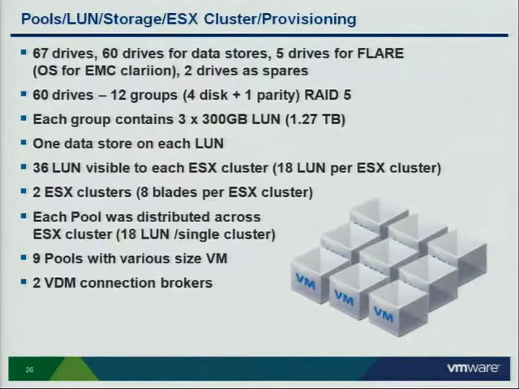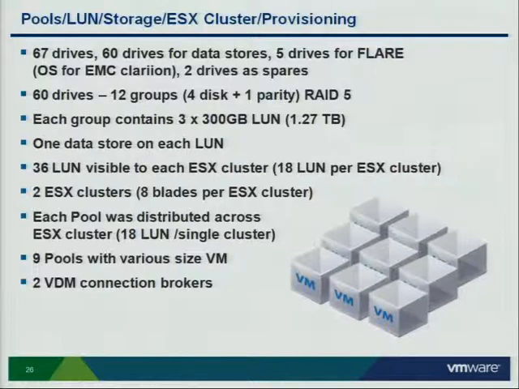Here's the storage configuration. We had the 15K Fibre Channel drives. We had 67 of them, but only 60 can actually be used to create data stores. The other ones are for the operating system, the Flare software that actually manages the RAID controllers. We used RAID 5, and as you see, we set up the LUNs to be totally balanced across both ESX clusters.